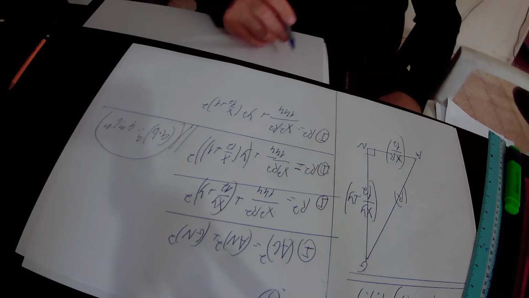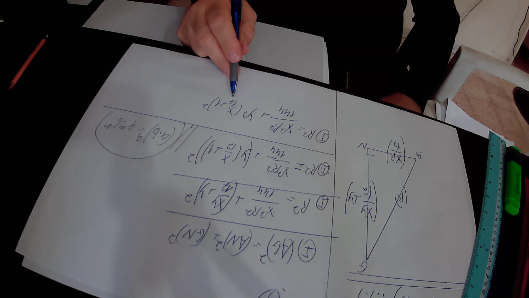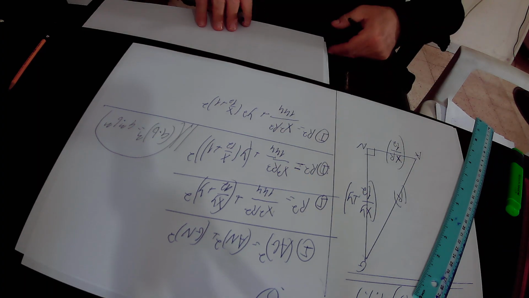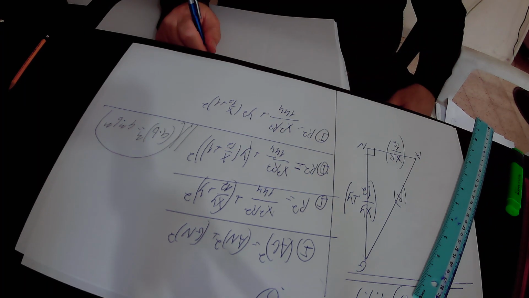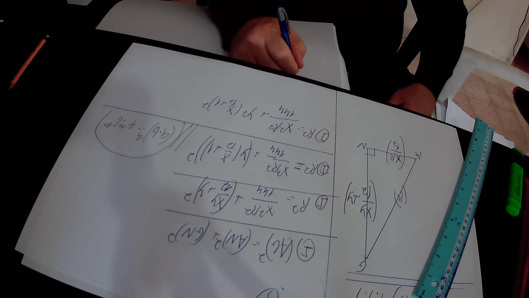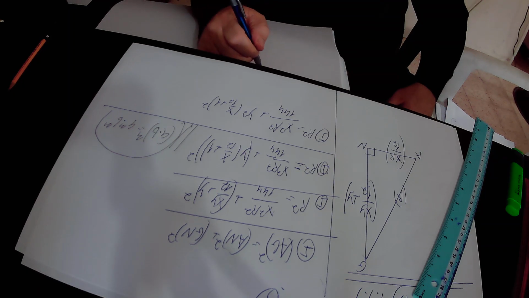In the next step, we will multiply 1 by 12 and then divide it by 12 in order to factor with x over 12. And we get that according to equation 1, R squared equals x squared times R squared over 144 plus y squared.